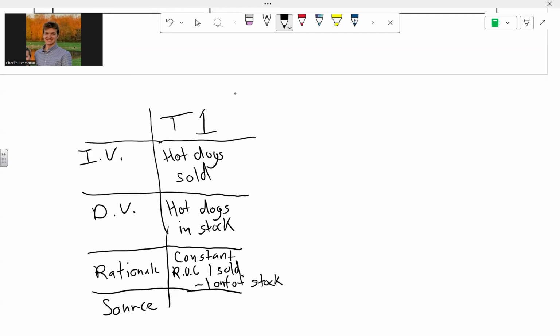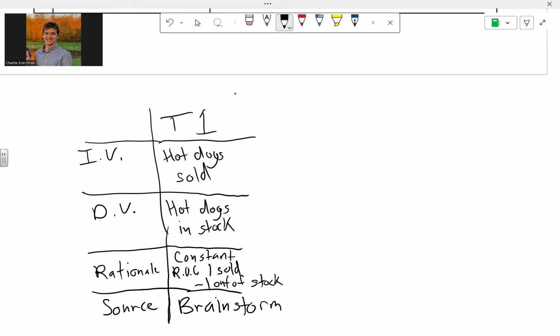And then the source. Well, this was just a brainstorm, so I didn't have to do any kind of clever thing there. I did have groups of people looking up information on Google to find out about the rate of change of things. There's a lot of examples to be had in sports. Like if I run a certain amount of miles, I'll lose a certain amount of weight or burn a certain amount of calories.